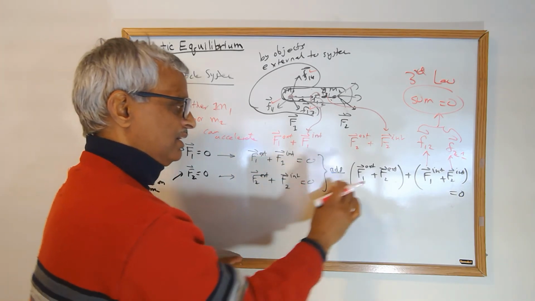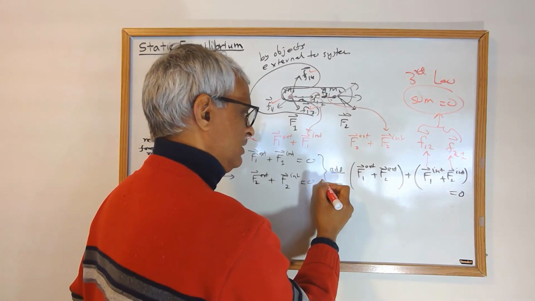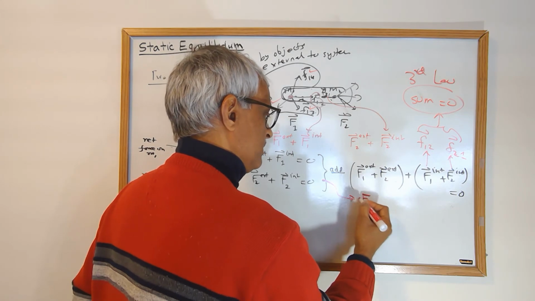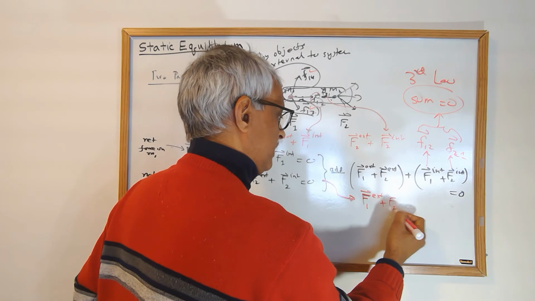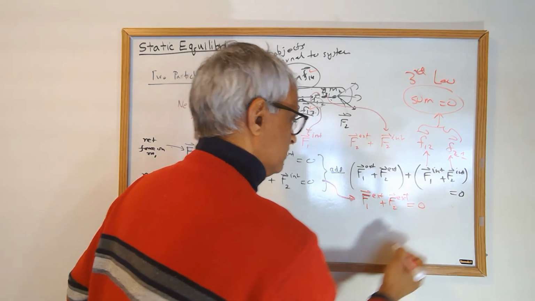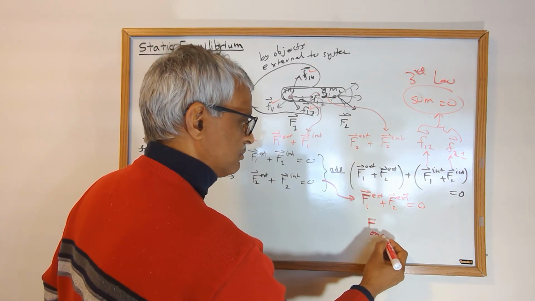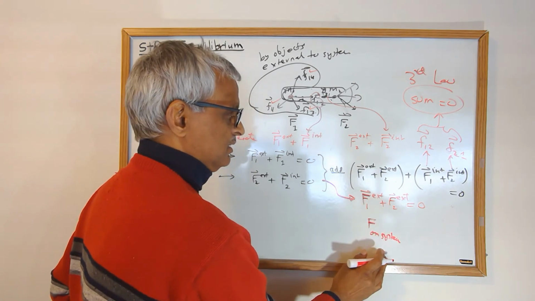I can see there's a simplification here, which is all the external forces, F1 external plus F2 external, equal to 0. So this is the net external force on the system, regardless of whether 1 or 2.